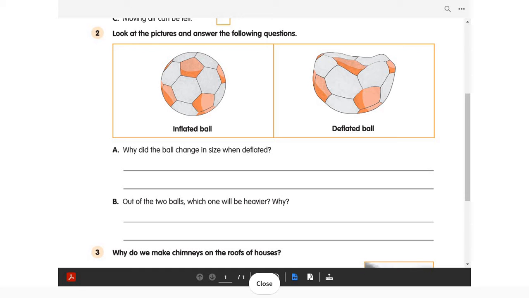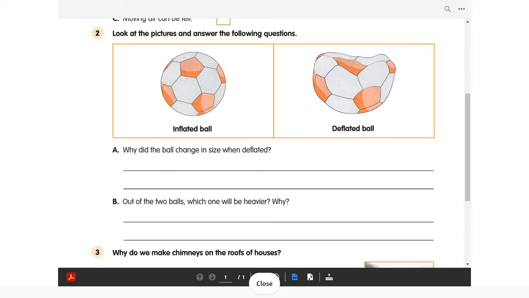Why did the ball change in size when deflated? Yes, the air inside the ball is moving out. So the answer is, the ball changed in size when deflated because the air that occupied space inside the ball moved out.